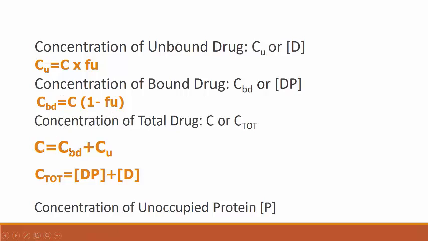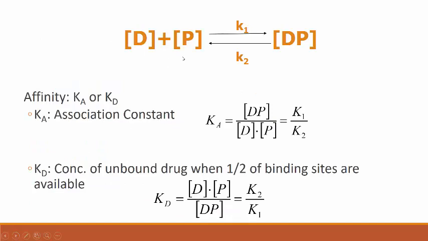Total concentration will be bound concentration plus unbound concentration. And P represents unoccupied protein that's available to bind the drug. So if we go back to our simple interaction, free drug plus free protein will make bound drug to that protein.